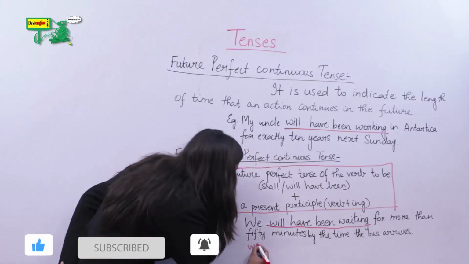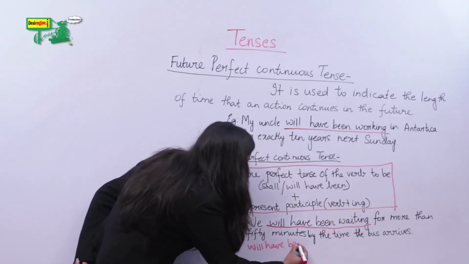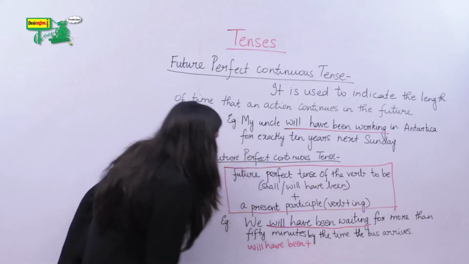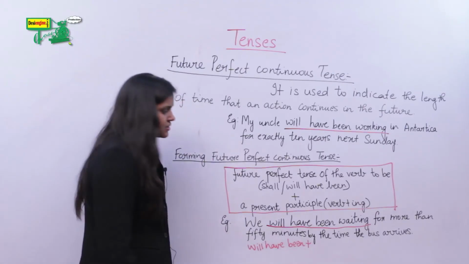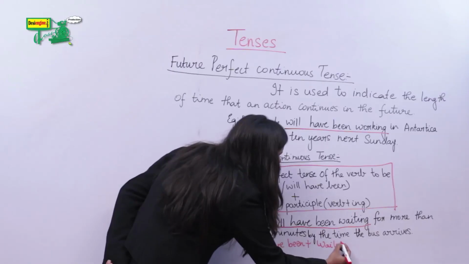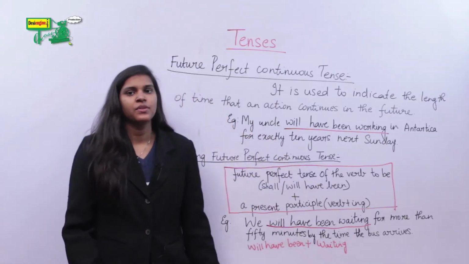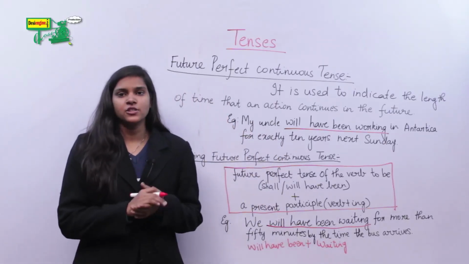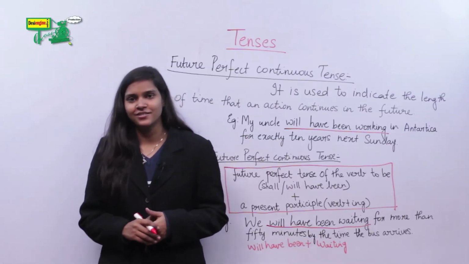Will have been is the future perfect tense of the verb to be plus waiting is the present participle of the main verb wait. Therefore, now we have covered all the types of tenses. Meet you again in the next class.